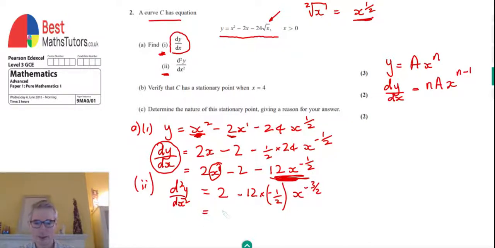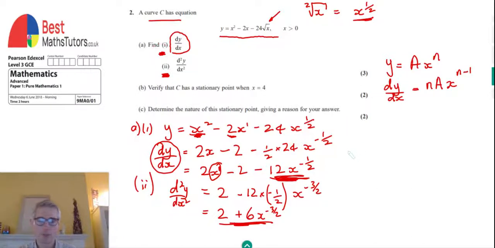So that's going to give us 2, and then minus 12 times a half is minus half, is going to give us plus 6 x to the minus 3 over 2. So that's the second part done, part 2.